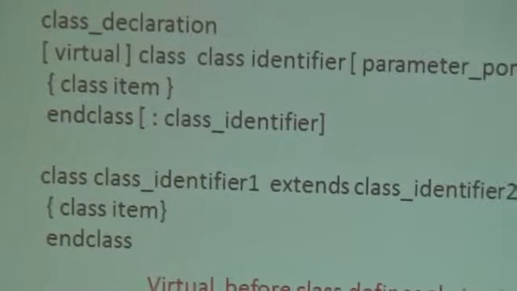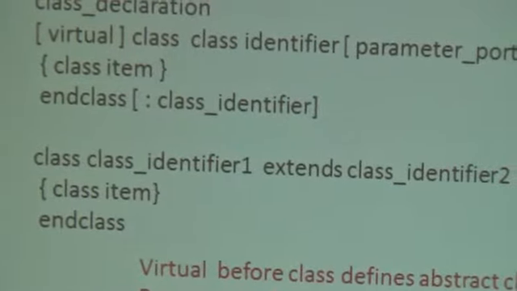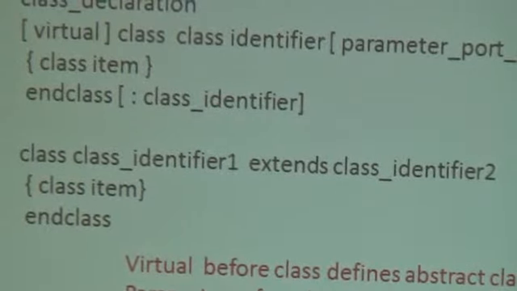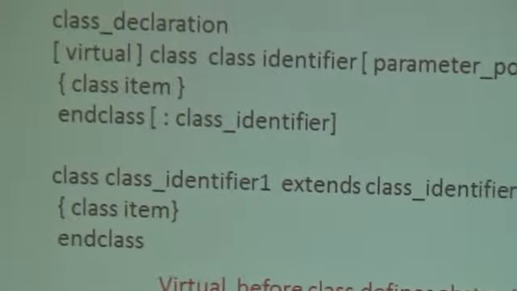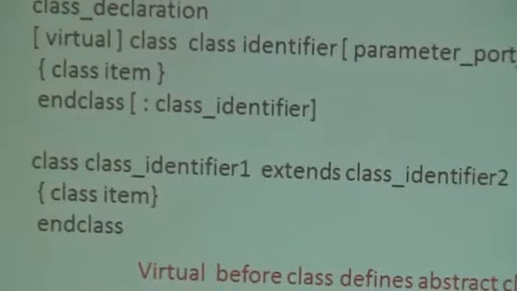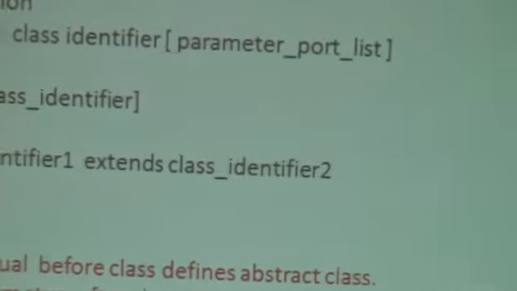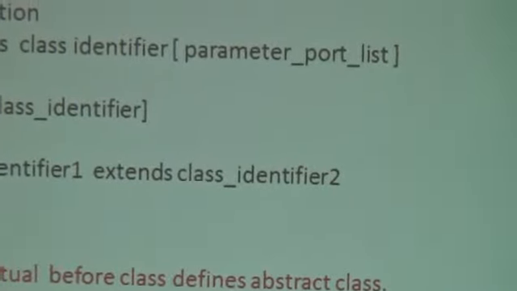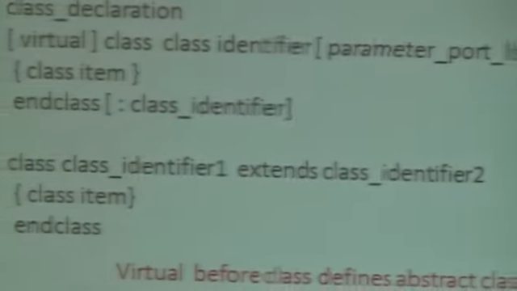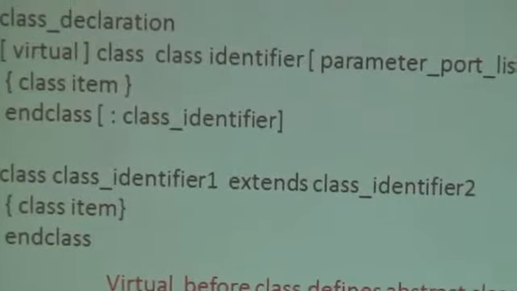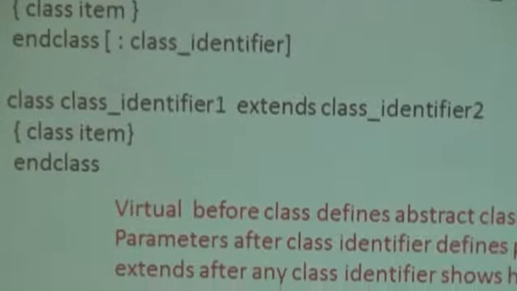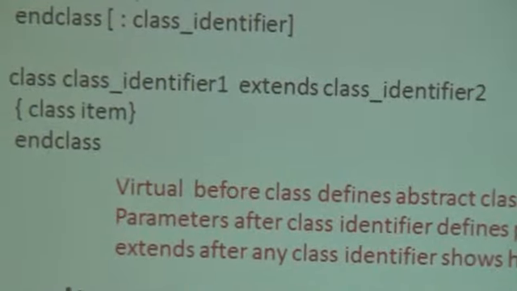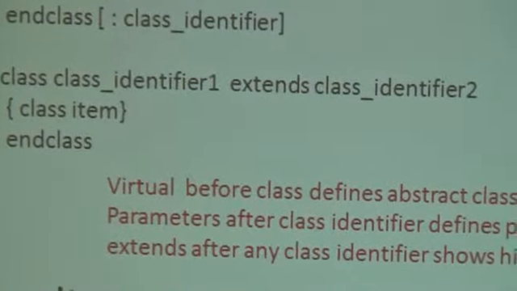It is generally used in abstract classes, and a class with the keyword virtual before it is called a virtual class. A class with a parameter port list is called a parameterized class. Between class and endclass we define the class items, and we can also extend one class from another class using the extends keyword.